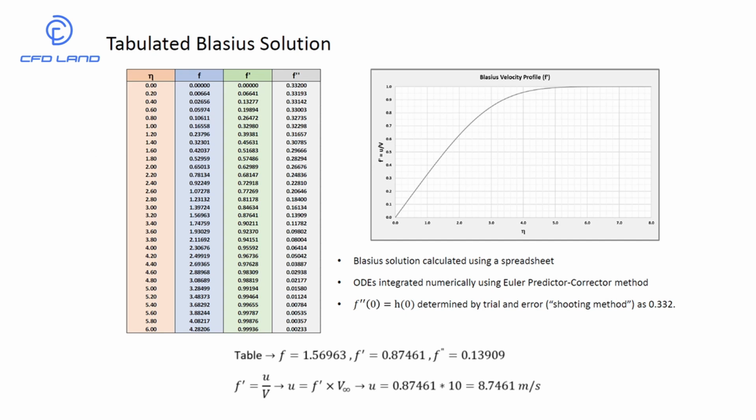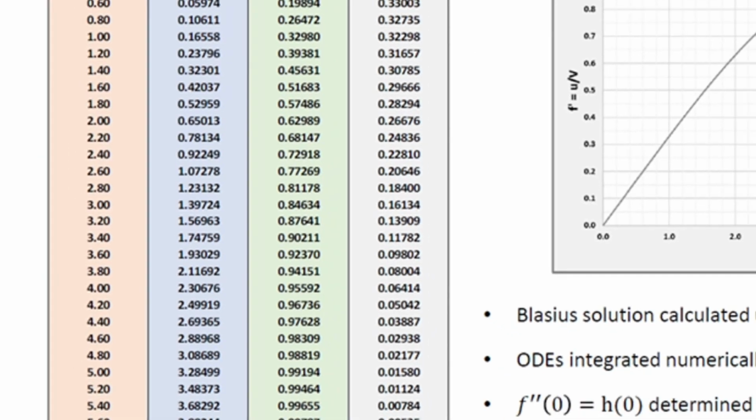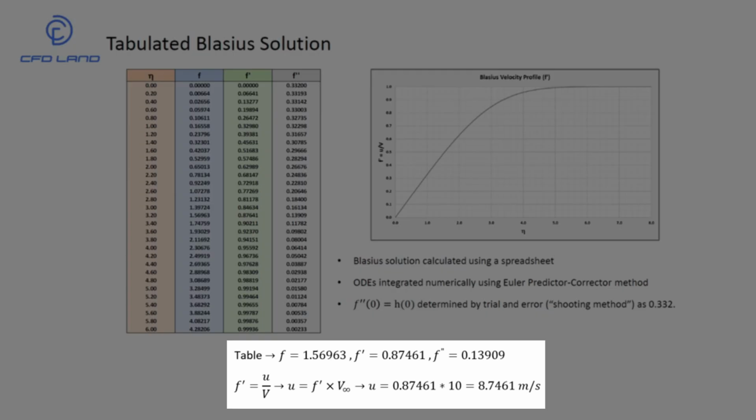Next, based on the tabulated Blasius solution table, 3 variables including f, f prime, and f double prime should be determined. As can be seen in this table, we've got all 3 variables, and now we're able to have the velocity profile based on its relation with f prime. So, considering all of our assumptions and variables, the predicted velocity is equal to 8.7461 meters per second.